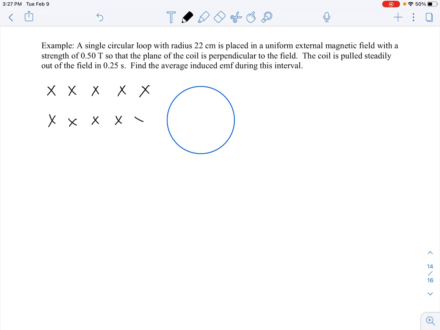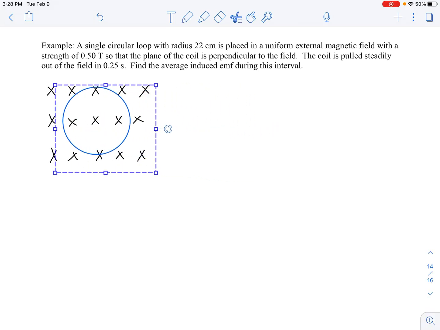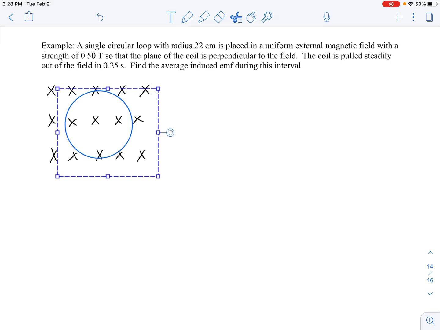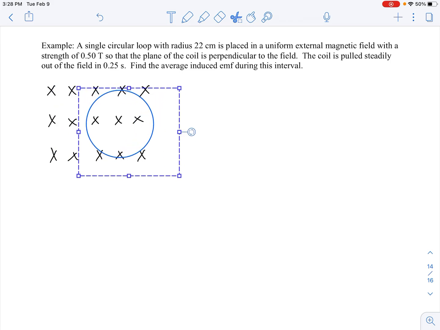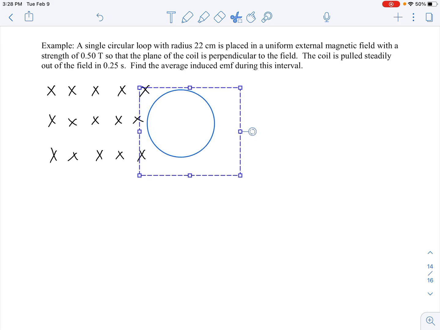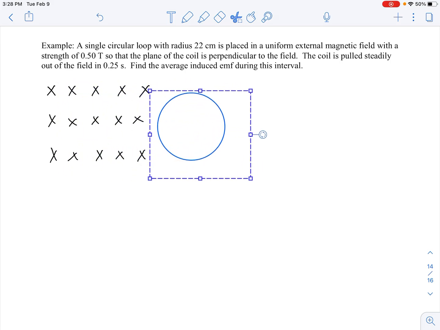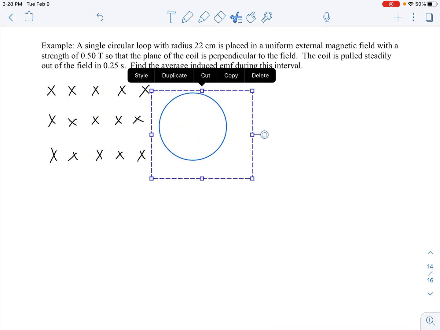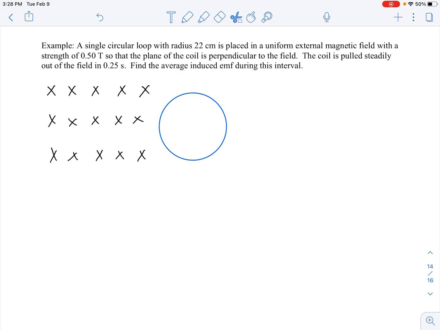I'll have it going into the page. And so again, the scenario is that this loop is in the magnetic field, and we're going to pull it out of the field. So by doing that, we are changing the effective magnetic field strength.